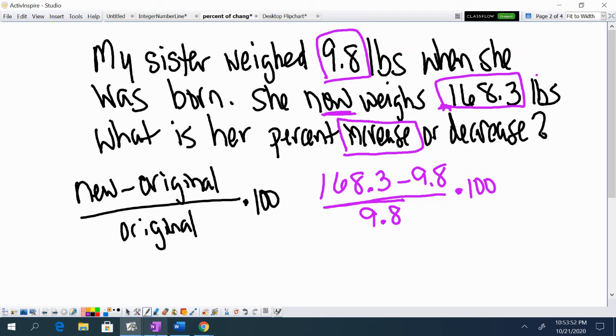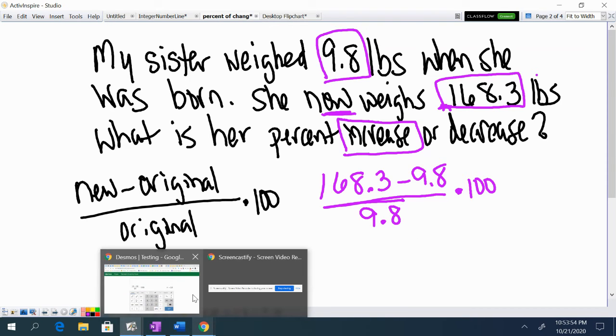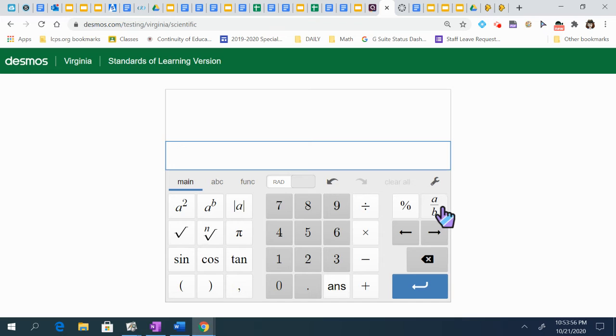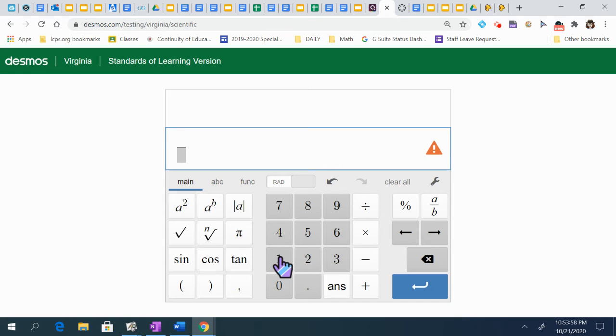I'm going to go to Desmos again because it's just so darn easy. I'm going to use my fraction bar, and I'm going to put in the new amount minus the original amount divided by the original amount. Come out of the fraction and say times 100.